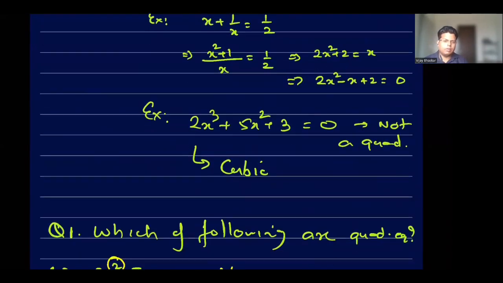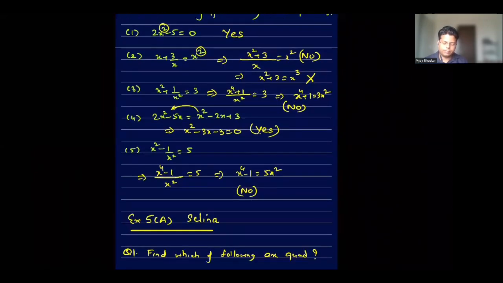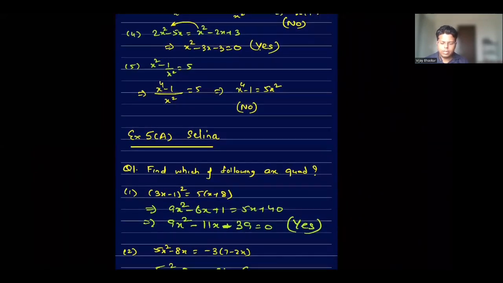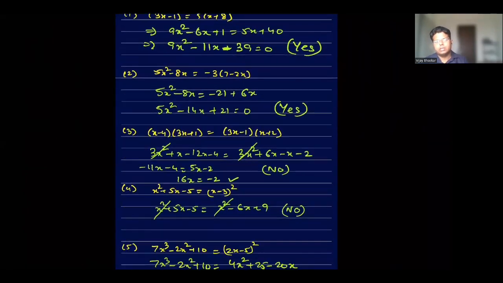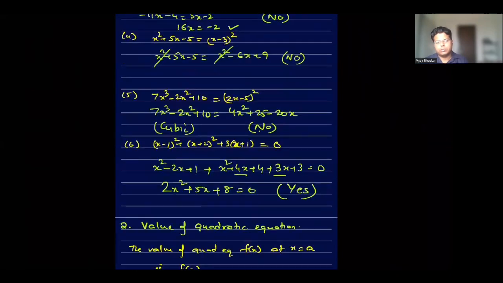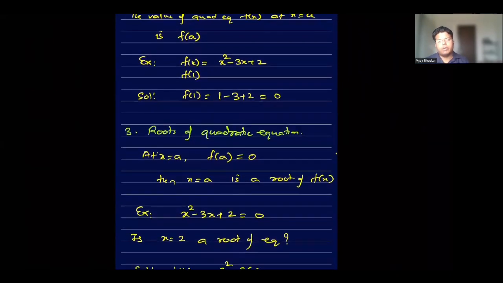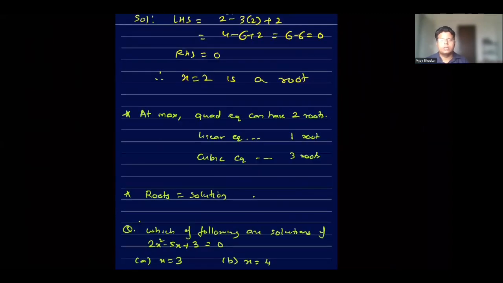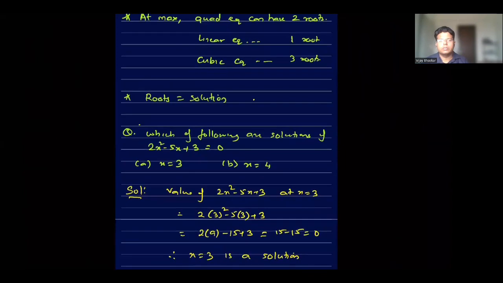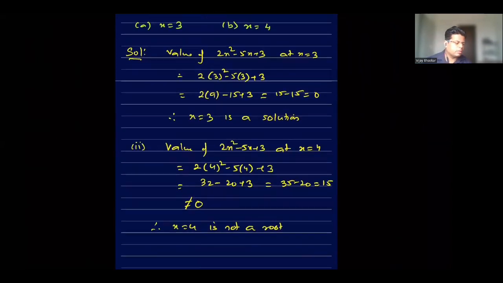In order to find the value, we'll substitute the point into the quadratic equation. If the value of the quadratic equation comes out to be 0, then it is a solution. Correct? So that's about the root. A quadratic equation can have maximum 2 roots. A cubic equation can have maximum 3 roots. A linear equation can have maximum 1 root. Like that.